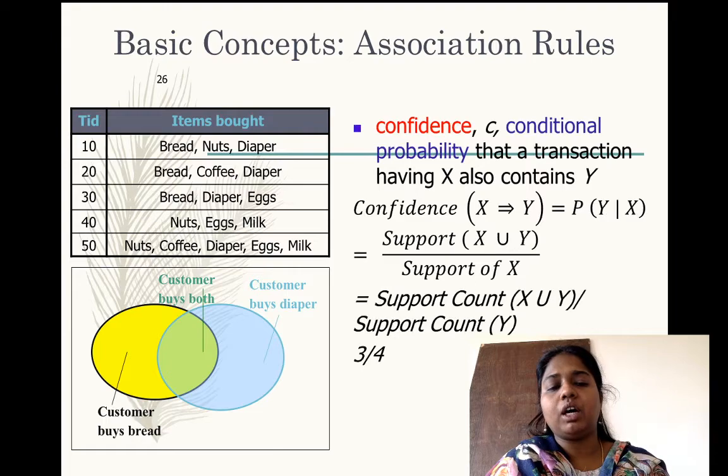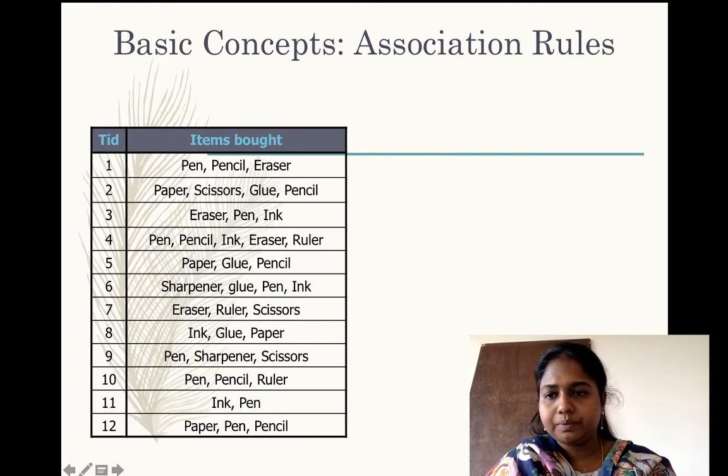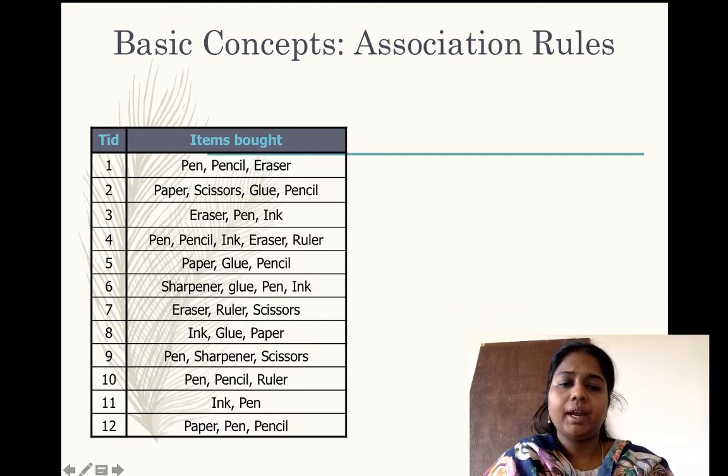So the support value of X is also 3/5. I'm sorry, this should have been support value of Y. So when I think of diaper as my predecessor and bread as my consequent, how many of my support values have both bread and diaper together?